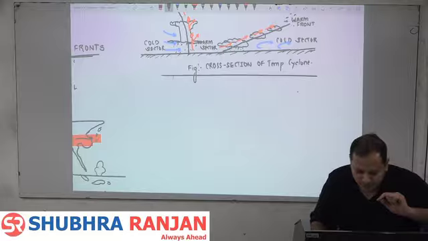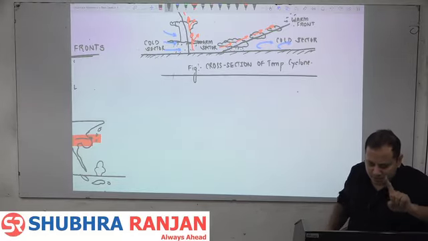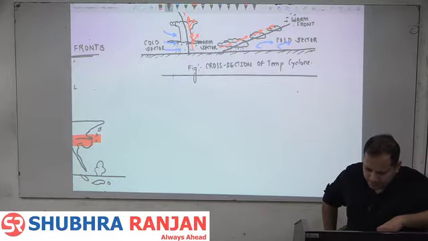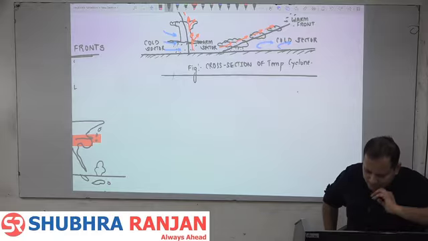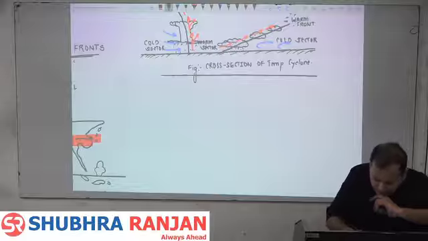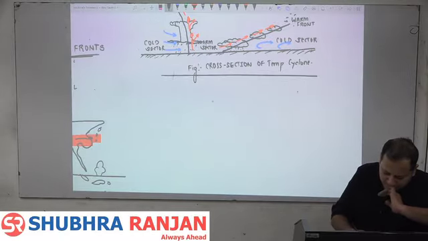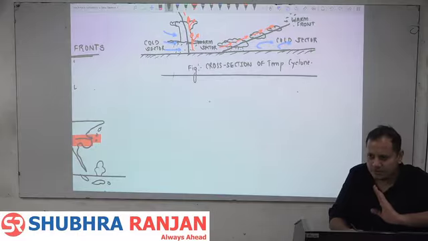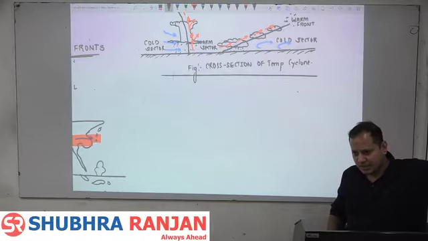Fine. So next point, cyclone tracks. First the Aleutian low, that is second, the Northwest Atlantic, near North America.